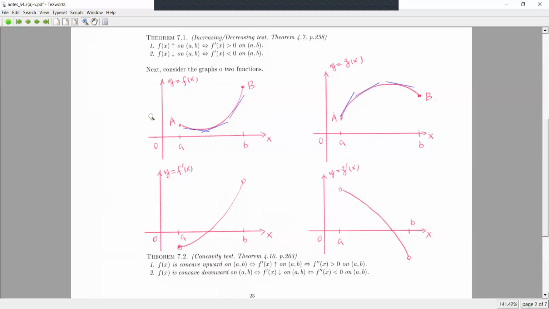So the original curve, the graph of f, must be concave up. Because the slope is increasing, the graph of f must be concave up. So the reverse is also true. Second derivative greater than 0, first derivative increasing, and the original f is concave up.